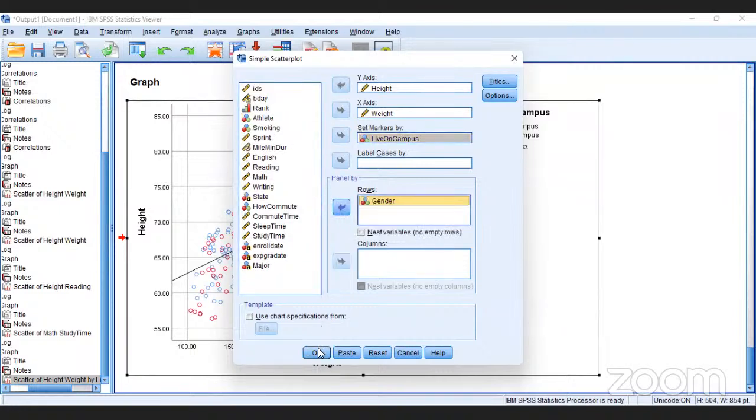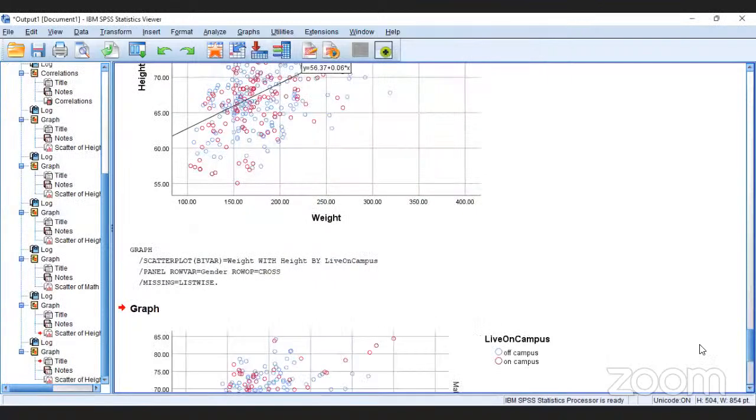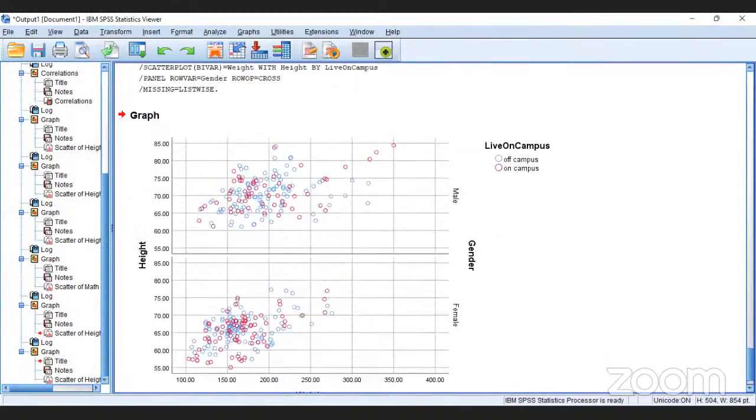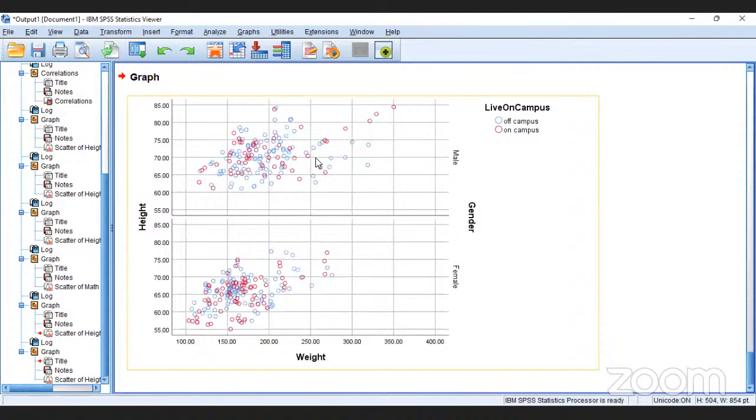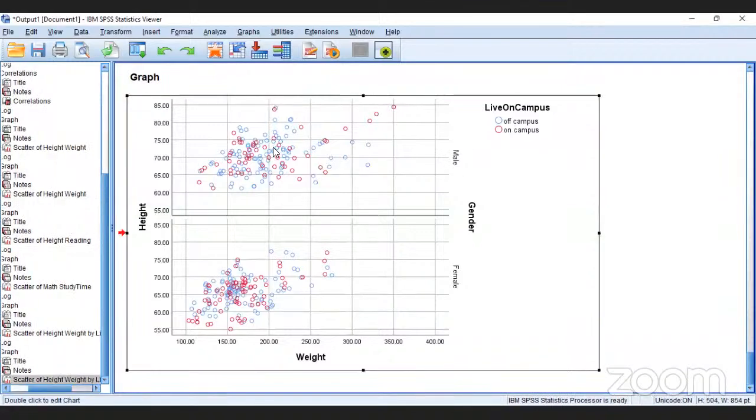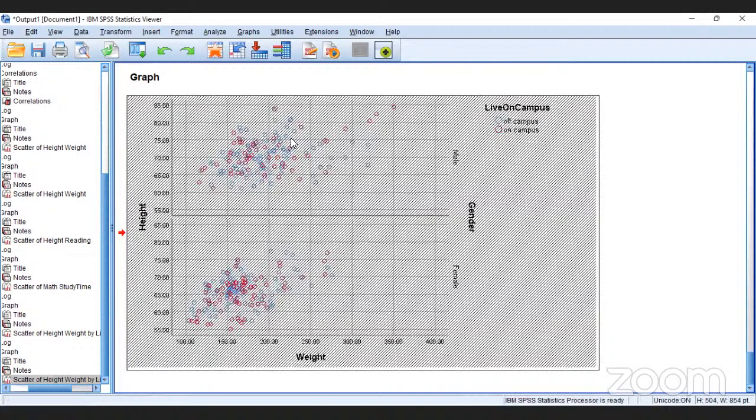I can put gender here. Let's see what we get. They will plot for male and female separately, and then they will also give you the possibility. So it depends on what you're trying to get.